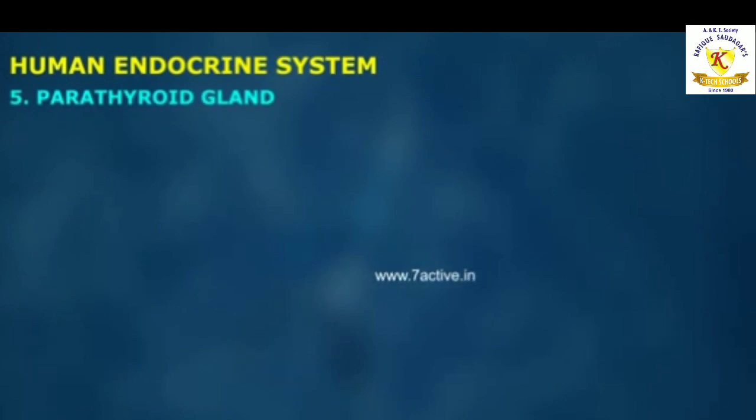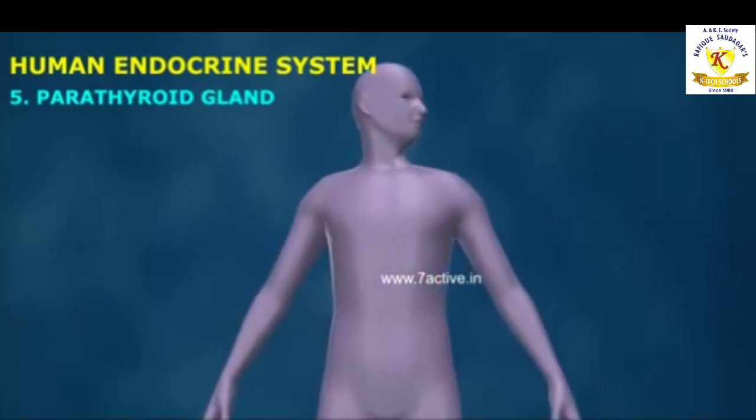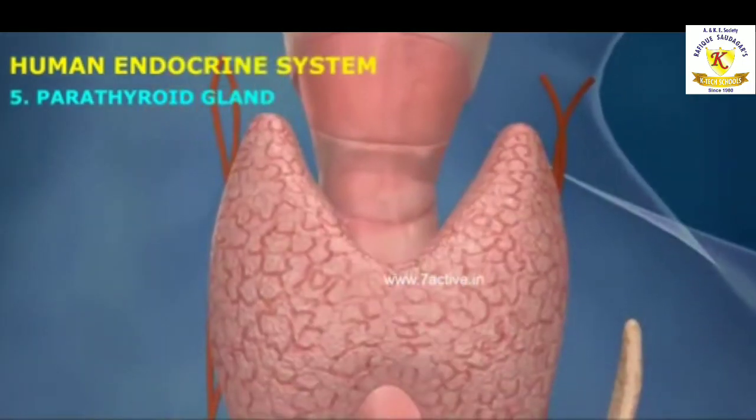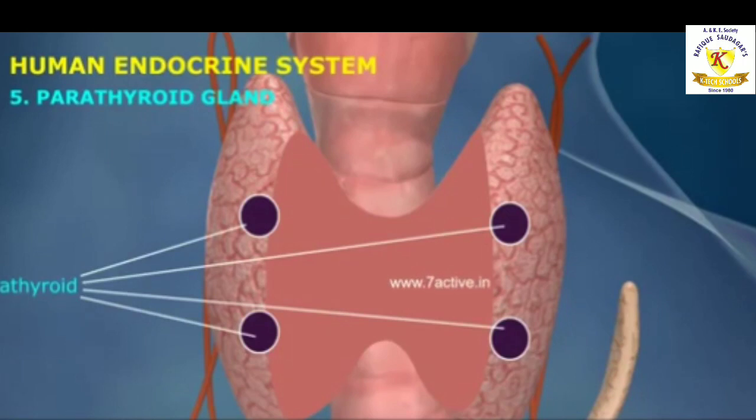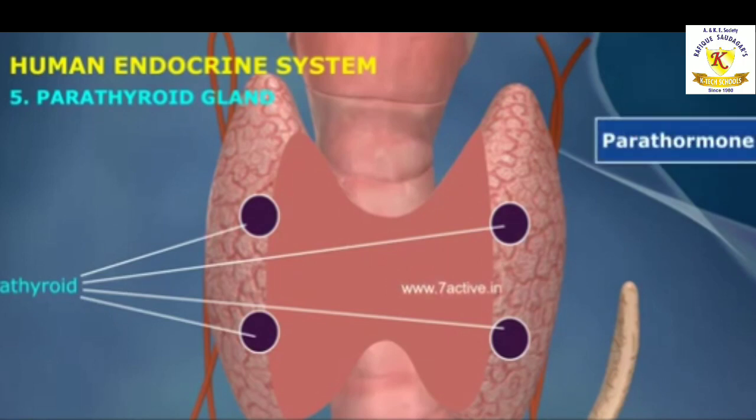Next is parathyroid gland. Four parathyroid glands are present on the back side of thyroid gland, one pair each in the two lobes of the thyroid gland. The glands secrete parathormone.